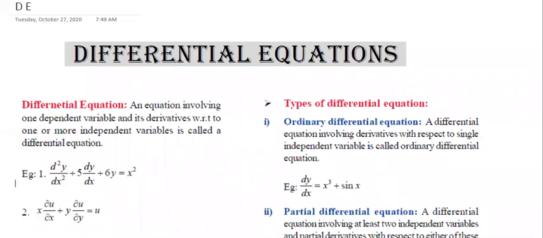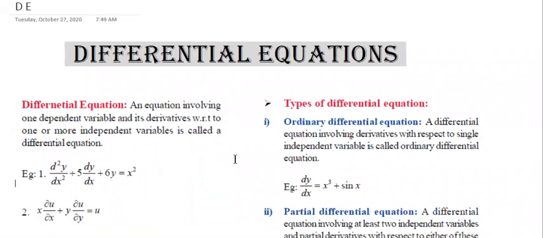Here the dependent variable is u. How many independent variables are there? x and y. So one dependent variable and its derivatives with respect to one or more independent variables is called a differential equation.